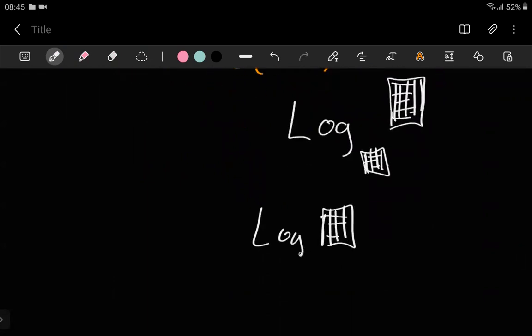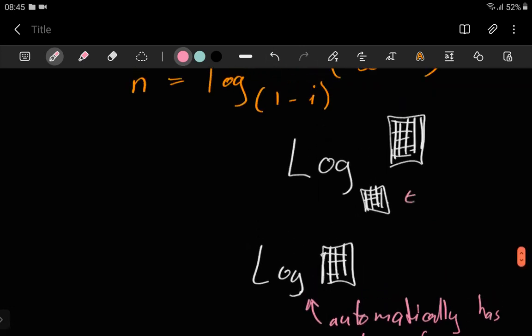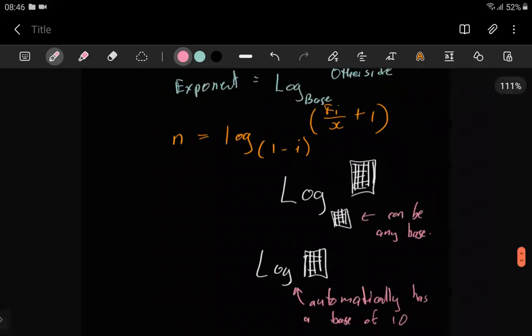This one that has nothing to put in here automatically has a base of 10 by default, like literally. This one can be any base. That's the only difference between those 2 buttons in your calculator.